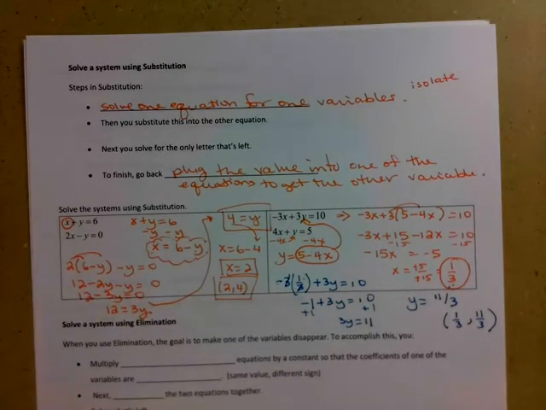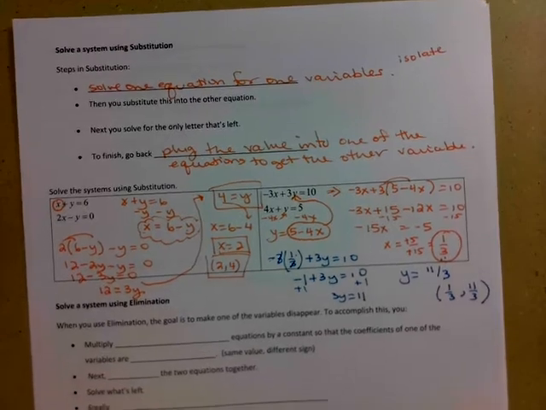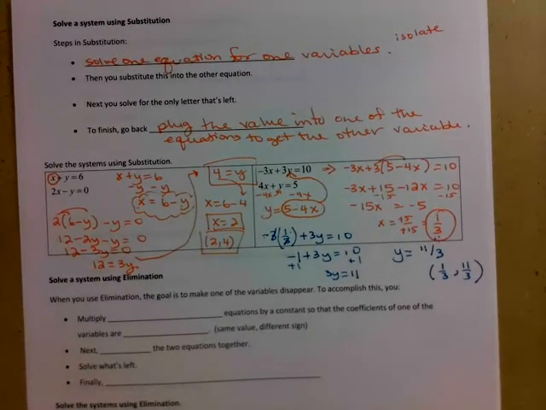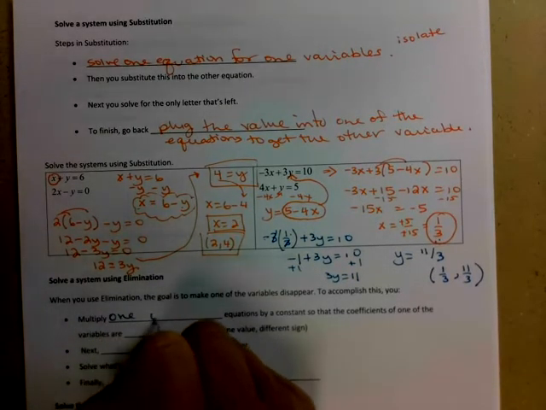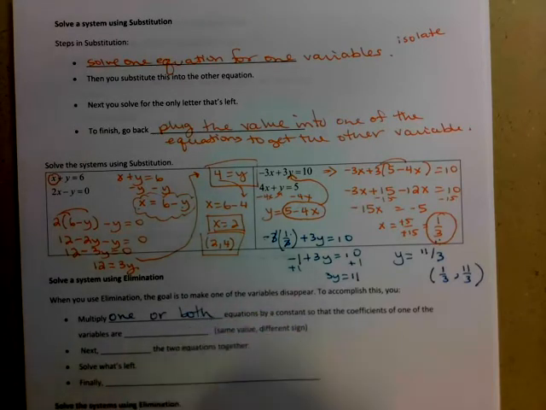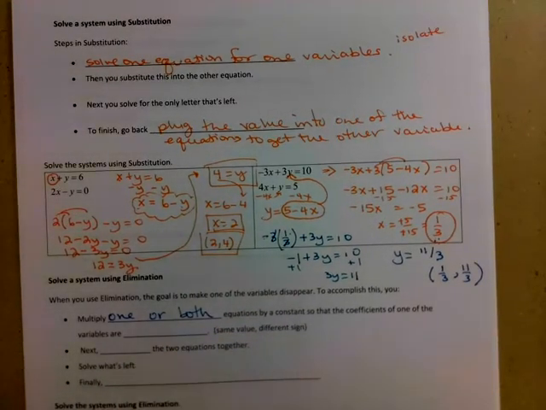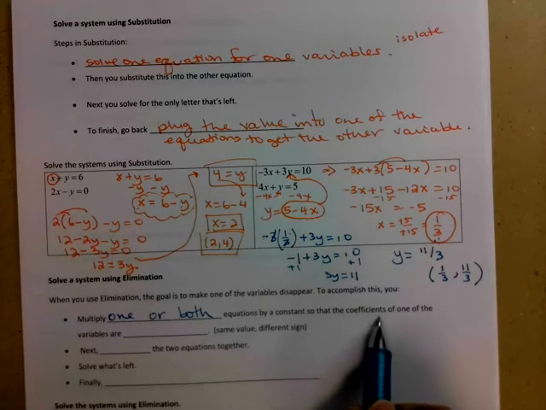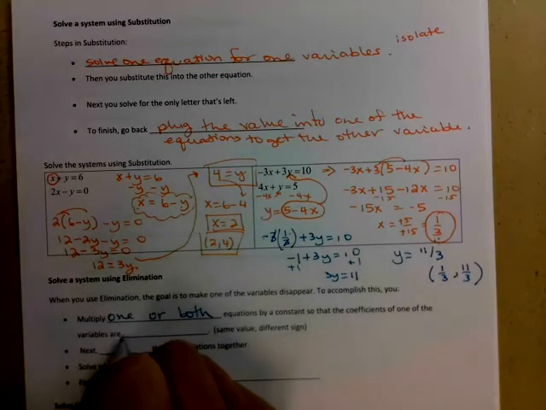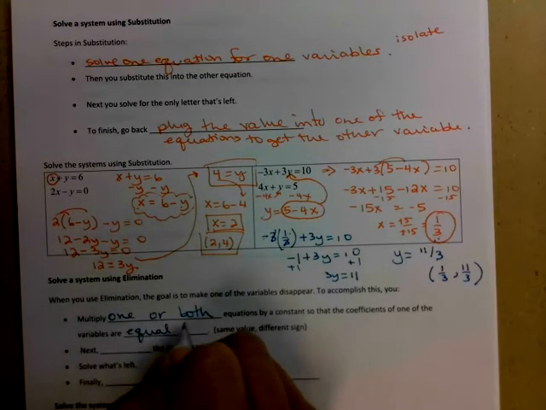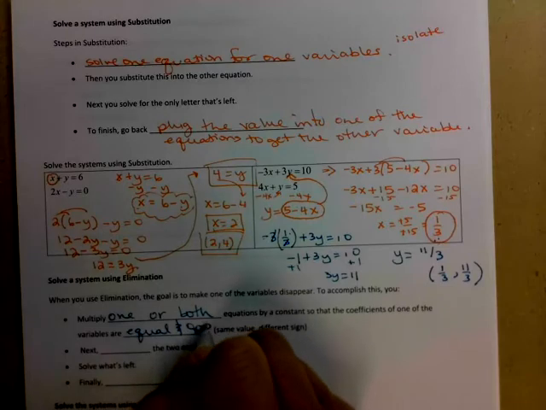Okay, to do elimination, our goal is to make one of the variables disappear, kind of like what we just did in substitution. So the strategies are, we are going to multiply one or both, sometimes we'll have to do both, equations by a constant, a number, so that the coefficients, the numbers multiplying one of the variables, are equal and opposite.